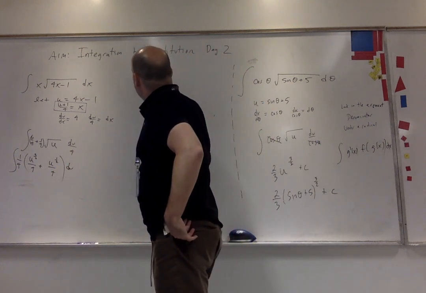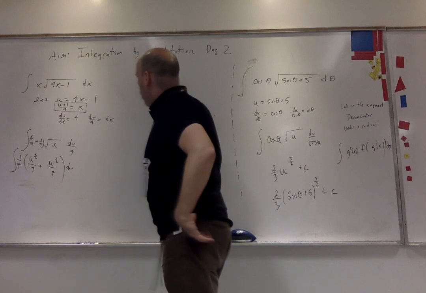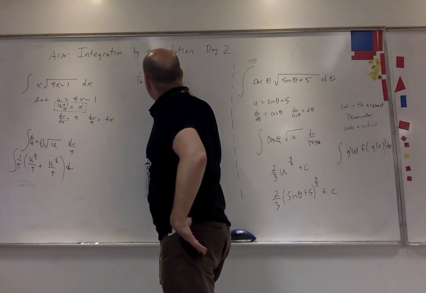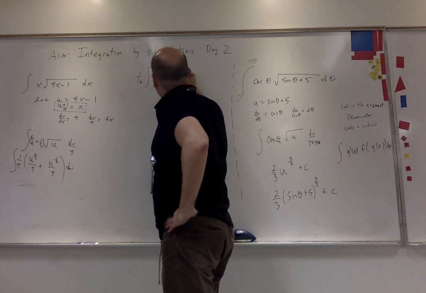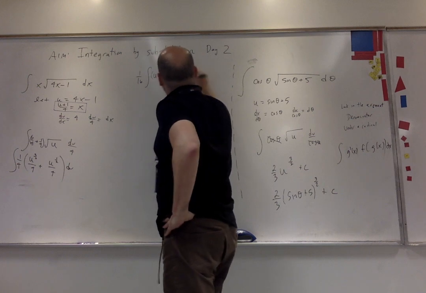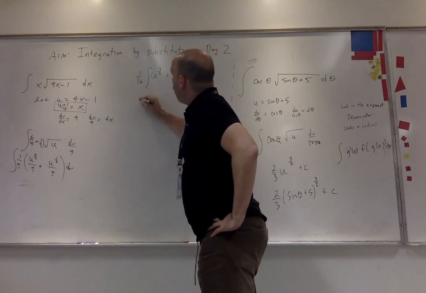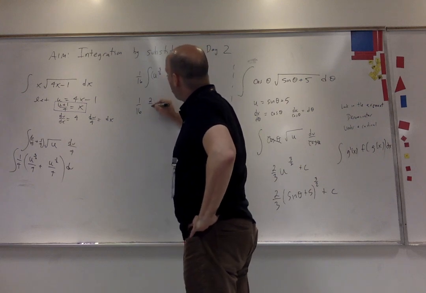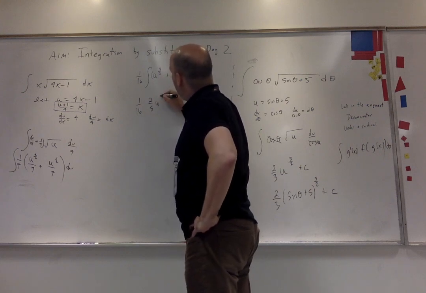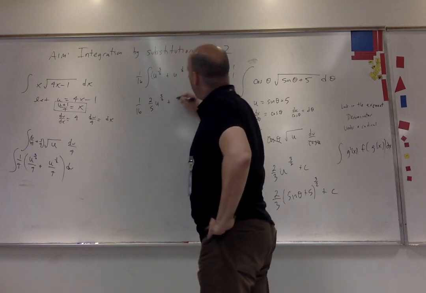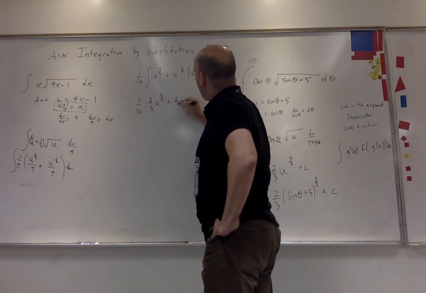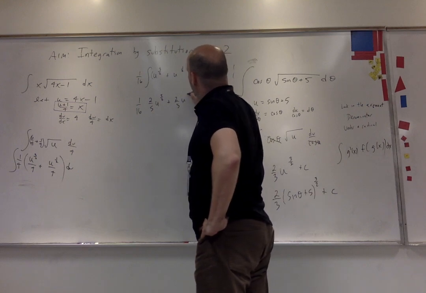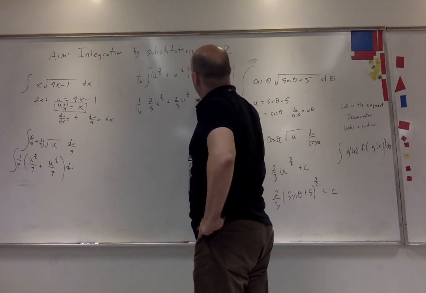So it's 1 over 16 integral of u to the 3/2 plus u to the 1/2 du. It's 1 over 16 times, what's the integral? This is 2/5 u to the 5/2 plus 2/3 u to the 3/2 plus c.